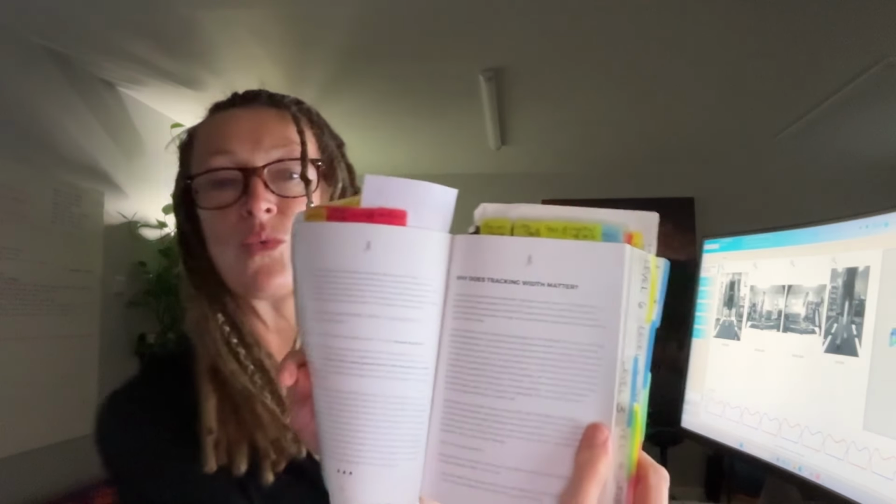So in level 2, I said, why does tracking width matter? And I've just done a short to introduce this week's conversation, having fun and games on the treadmill, trying to stay upright whilst effectively my feet were crossing one over the other.